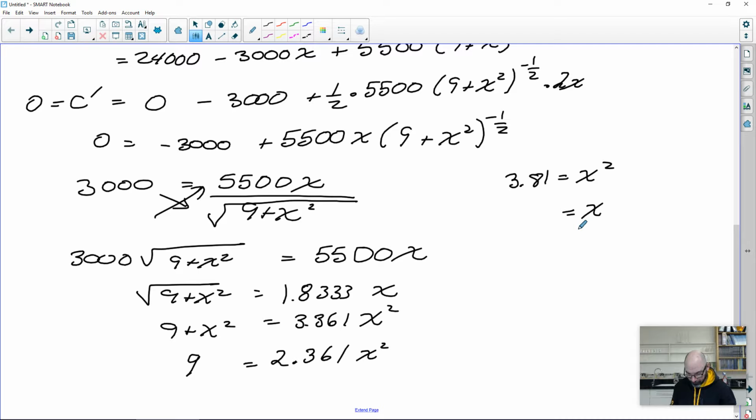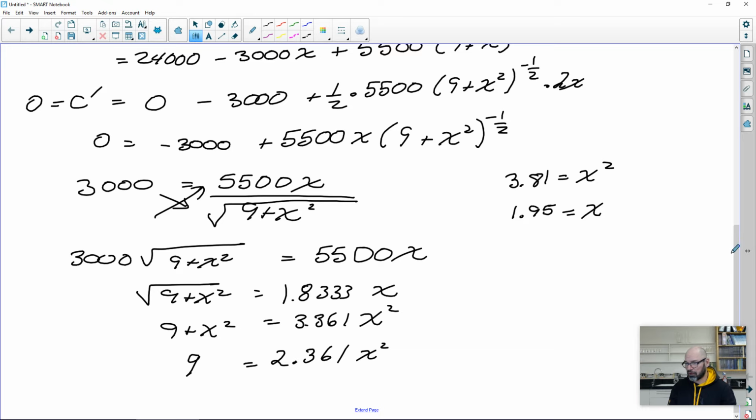Okay, oops, got that one wrong there. Not cube root, square root. So square root of 3.81 is 1.95 approximately. So we can say that this is 1.95.